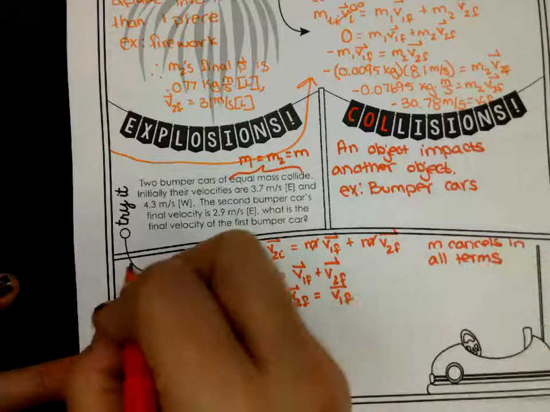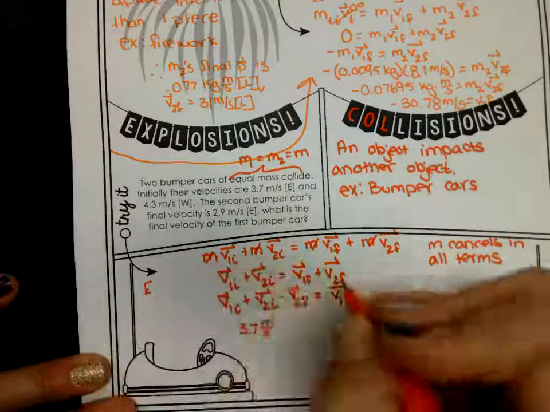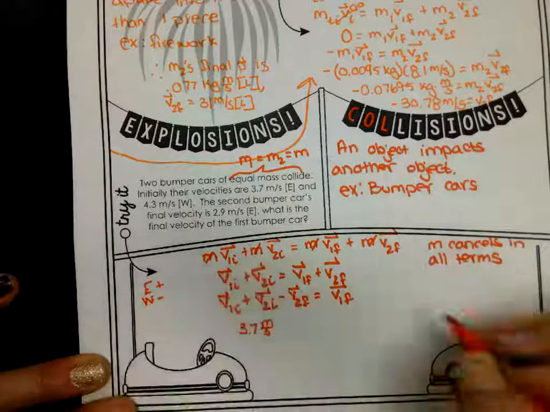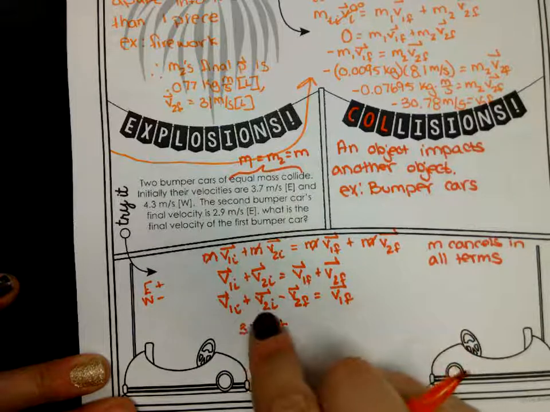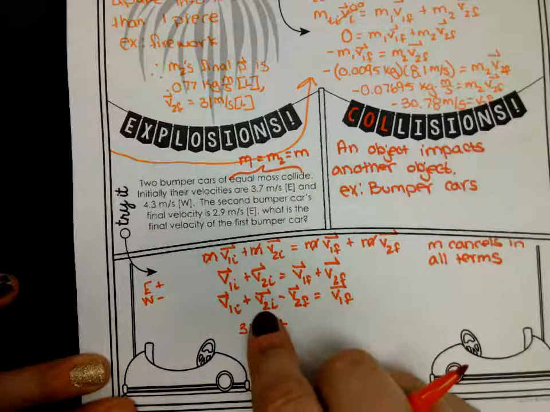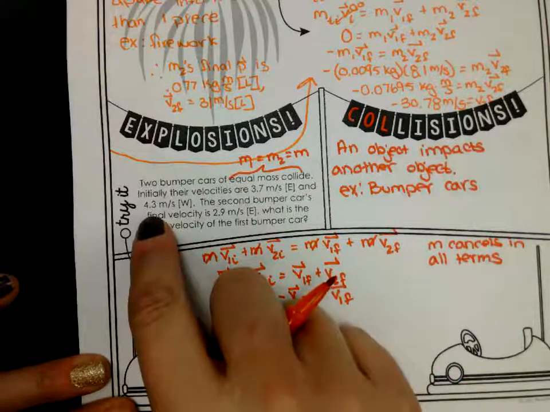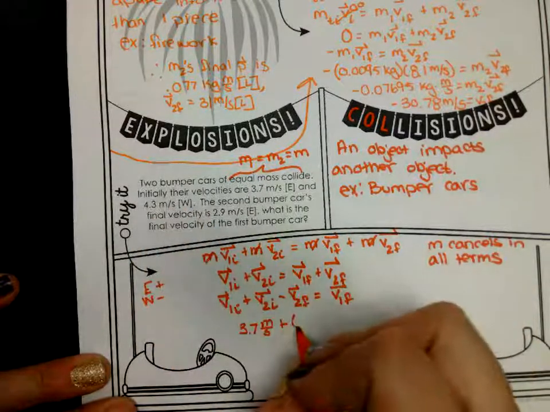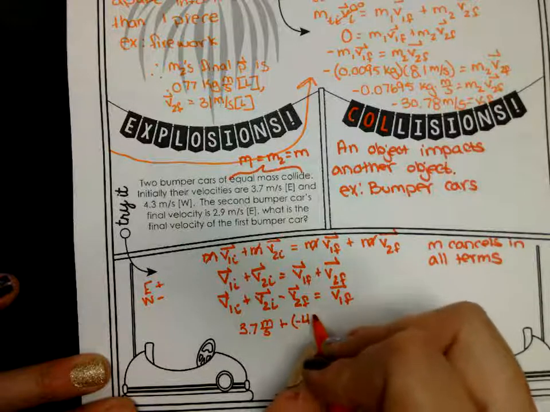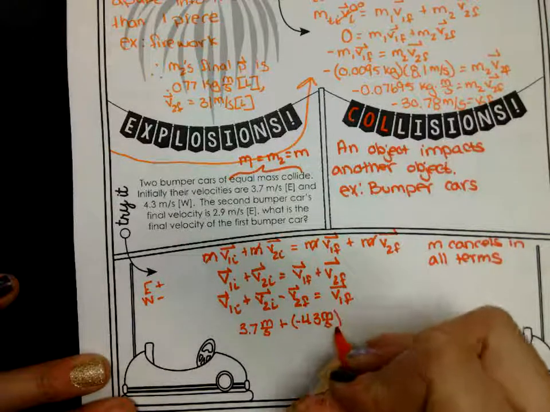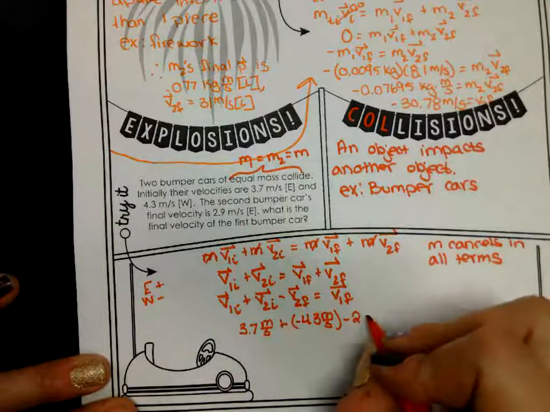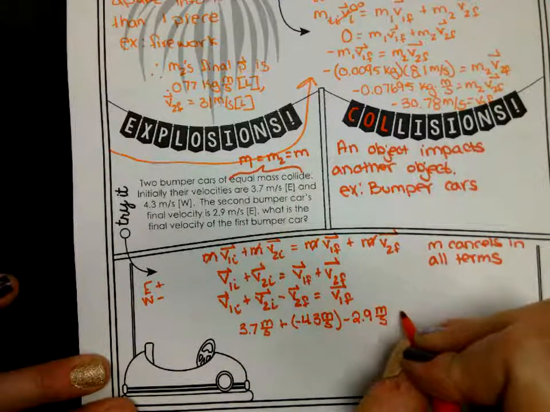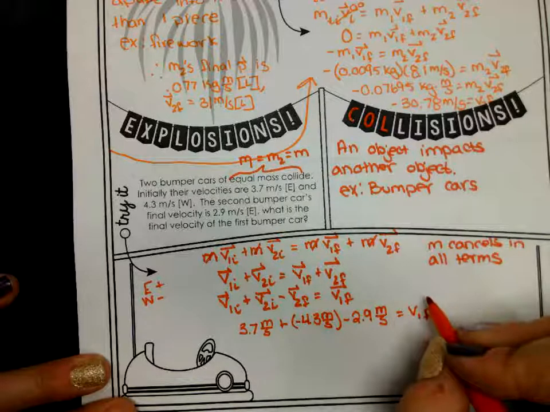So I'm going to go ahead and over here somewhere say east is positive, west is negative. So I have 3.7 meters per second plus velocity 2 initial is 4.3 meters per second west. I'm going to take the inverse of that, 4.3 meters per second, because it's in the opposite direction, minus 2.9 meters per second equals velocity 1 final.